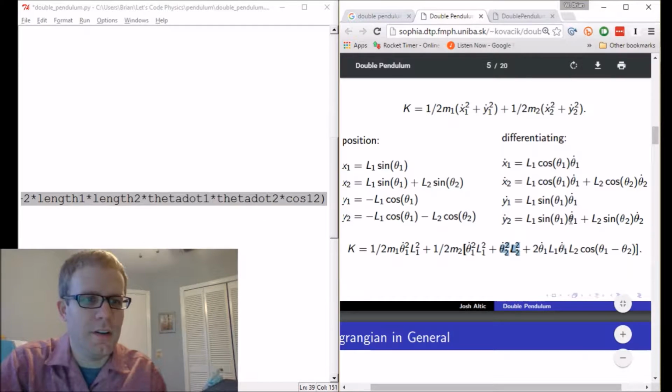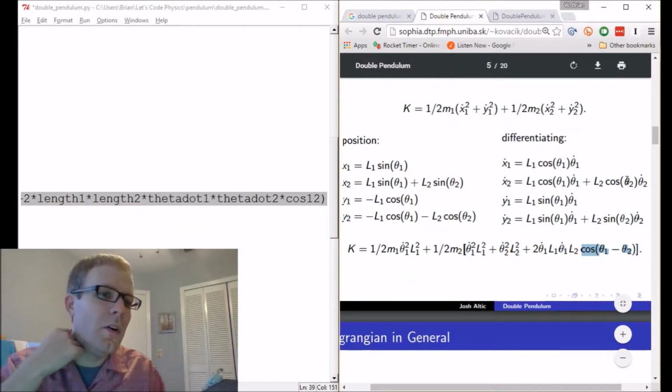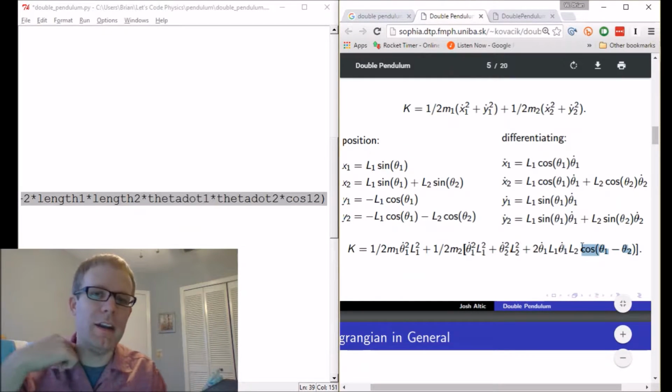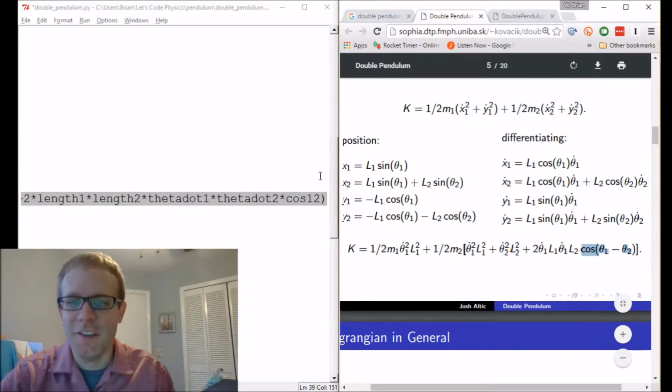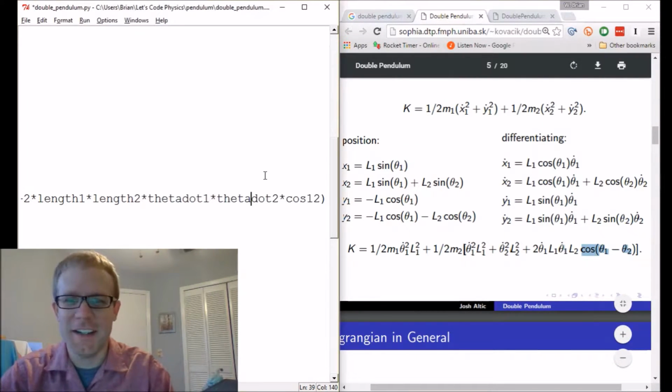And then the cross terms are going to give you L1, L2, cosine theta 1, sine theta 2, theta dot 1, theta dot 2, L1, L2, sine theta 1, cosine theta 2, and that's where they get the cosine of the difference. Theta 2 dot theta 1 dot, but they need to have both of those. So there's a typo there. I should have derived it myself. That's what I'll probably spend this afternoon doing.